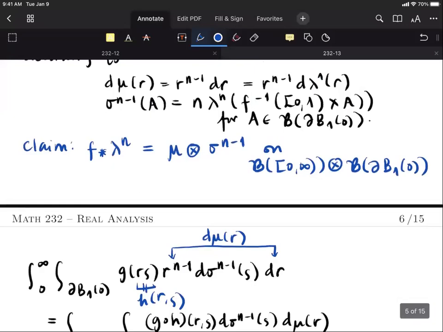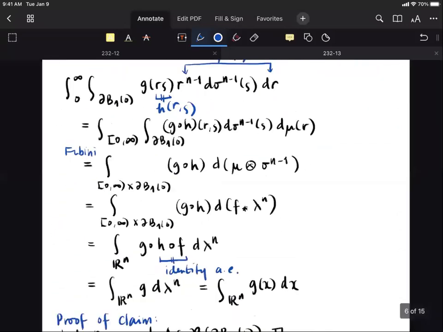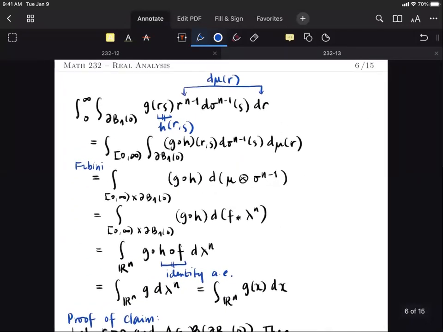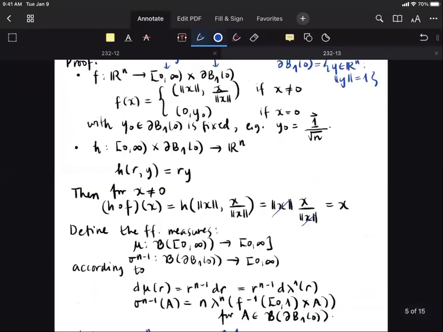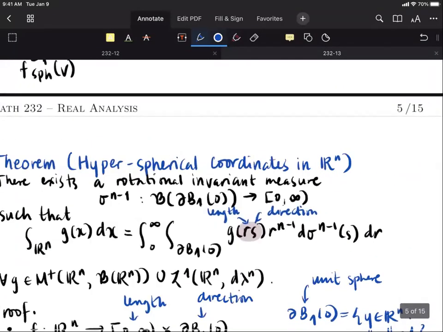So that completes the proof of our claim, and as we have discussed here, this will prove the desired equation stated by the theorem.